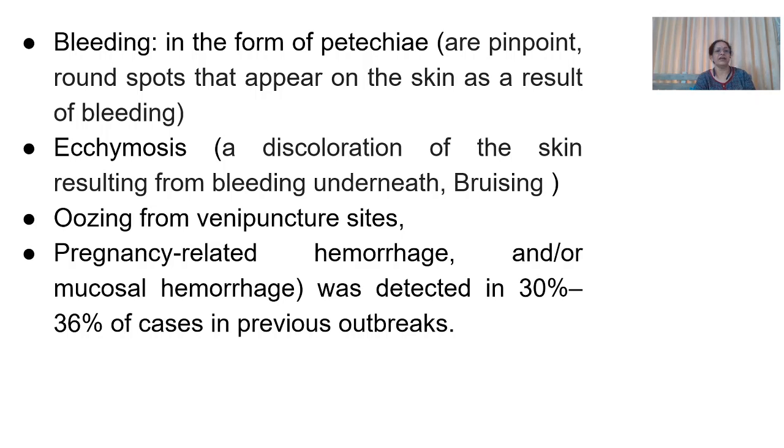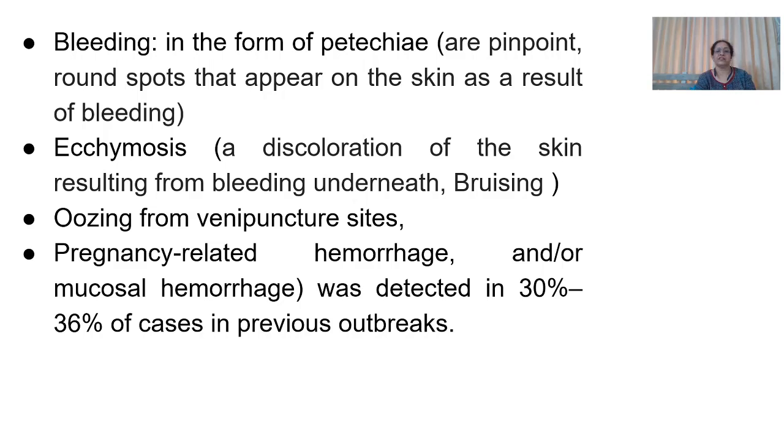You can see there is oozing from venipuncture sites. That is, when there is administration of catheters beneath the skin in veins, at that time there is oozing from that site. Pregnancy-related hemorrhage is also common, as well as mucosal hemorrhage.